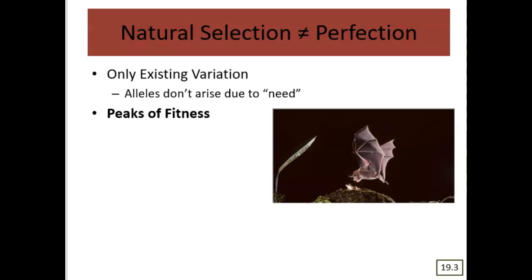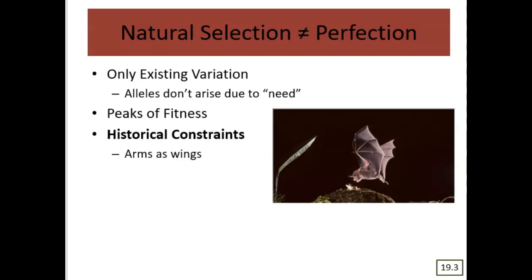All right, another reason we don't have perfect organisms is because historically, organisms have experienced selection and evolution in the past that is something the organism has to still deal with today. So, for example, if we think about that bat in the picture, historically, bats have gone through this evolutionary process of turning their front limbs into wings.